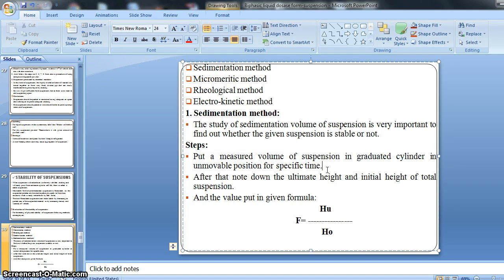So we need to take one graduated cylinder, right? In the graduated cylinder we have to put that measured suspension, right? And keep it in an unmovable position, a steady position, a constant position, for a specific period of time, right? For a specific period of time.